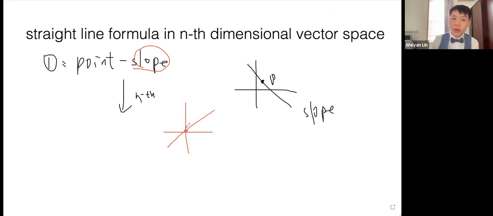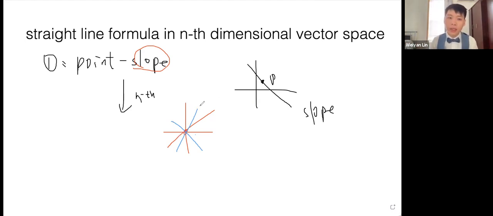The slope shows you the shape of the line, but this line and this line don't look much different, because if we just rotate it and look at it from a different angle, it shifts from this to here.